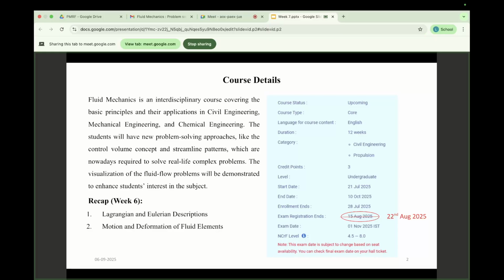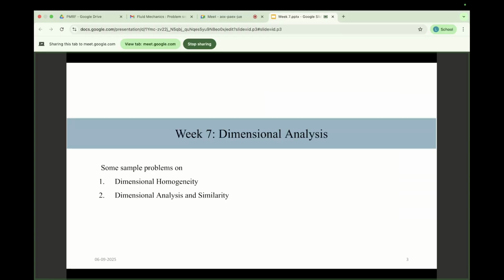Coming to today's session, it is quite vital because in this session we will deal with dimensional analysis, which is quite important. Let me give you a hint. Say you are planning to make an aeroplane. Initially you need to make a small design and check whether it is able to sustain certain conditions or not.